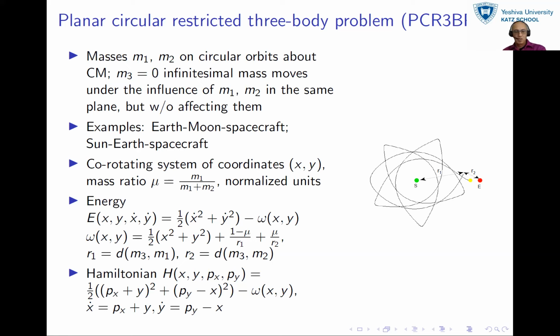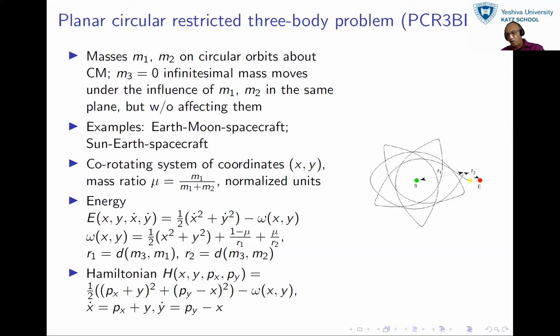The first model is the planar circular restricted three-body problem. This says that two of the bodies, like Earth and Moon, or Sun and Earth, move on circular orbits around the center of mass of the system.